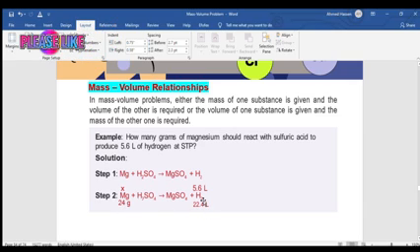and the molar volume will be written as it is because the coefficient of hydrogen is 1. Therefore, 1 times 22.4 liters means itself. You set up the proportion: x over 24 is equal to 5.6 over 22.4.